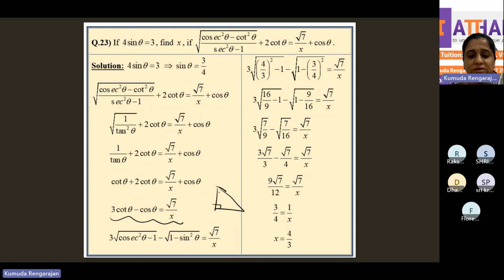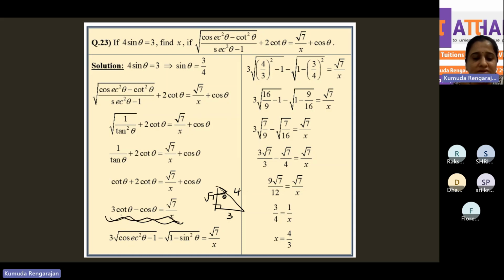Mark this as theta, opposite by hypotenuse, and find the third side: 16 minus 9, 7, root 7. So what is cot theta? Adjacent by opposite, root 7 by 3. And cos theta is adjacent by hypotenuse, root 7 by 4.